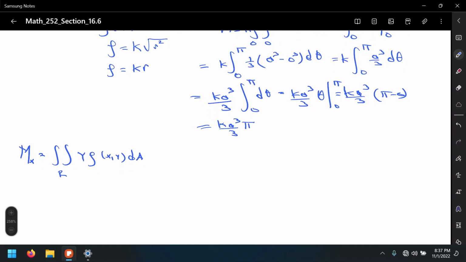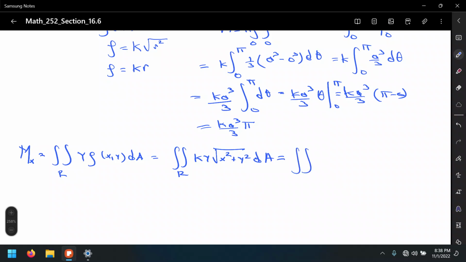And over the region R, transforming this directly, that's a double integral over R of k y square root of x squared plus y squared dA. Of course, we're not going to solve this problem using rectangular coordinates. We're going to go about polar coordinates like in the previous example. That's a double integral.